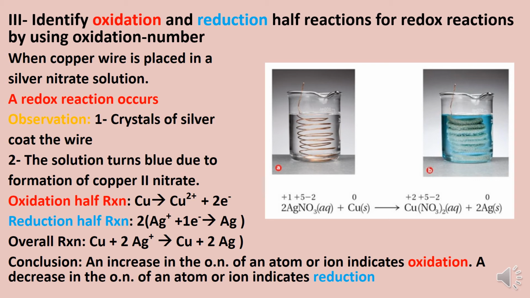Now we can add the two equations and you will get Cu plus 2Ag plus gives Cu2 plus plus 2Ag solid. Conclusion: an increase in the oxidation number of an atom or ion indicates oxidation. A decrease in the oxidation number of an atom or ion indicates reduction.